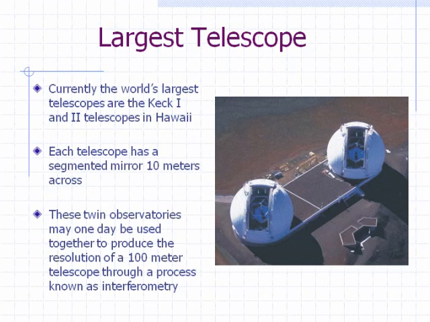The reason they put these two telescopes together is that using a special technique called interferometry, they can boost the resolution even higher by combining the images at the same time. It's a very difficult process because everything has to be done very precisely. But this interferometry gives the two telescopes working together an equivalent resolution equal to 100 meters as opposed to the 10 meters that they actually are.